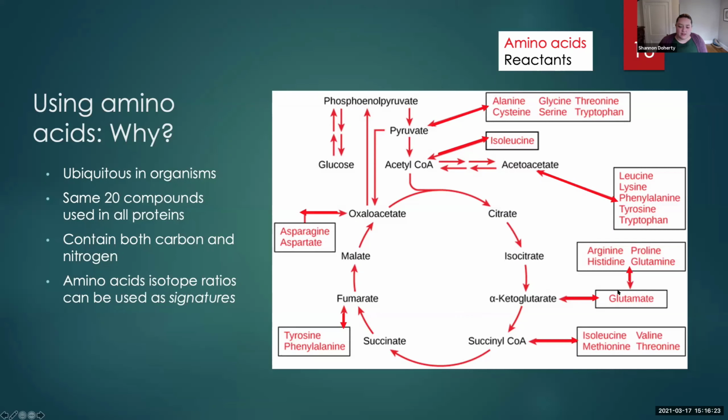So each of these amino acids will have its own distinct isotope value based on where it branches off in the cycle. And these reactions happen with various rates and to various extents in different organisms. So all of these amino acids will have isotope ratios that are distinct to a certain metabolism.